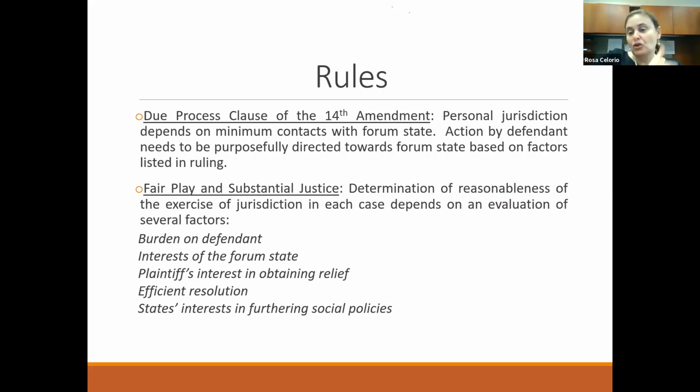It doesn't mean that you're not familiar with the facts of the case, but when you look at the United States Supreme Court decision and the legal analysis of the court, this is really a due process case under the 14th Amendment, and it's a personal jurisdiction matter. It's a case about the minimum contacts that a foreign defendant needs to have with a specific state for their state courts to be able to have jurisdiction over this defendant. That's really the basic gist of this case, in one layer.